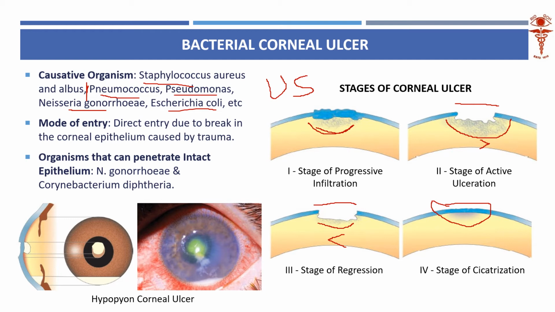Pseudomonas will cause a corneal ulcer with a greenish yellow discharge. It's a very virulent organism, so there will be profound pain and progression of the ulcer. Gonococcus is the worst organism.